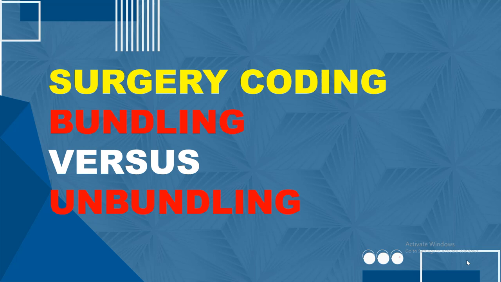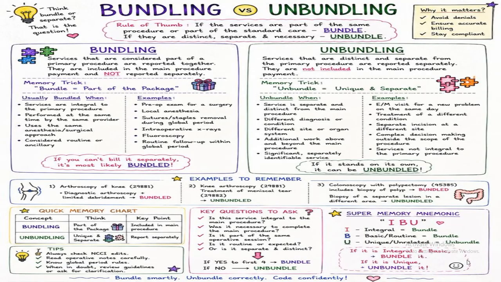In other terms, we will call it bundling and unbundling. Today, we will learn a few concepts related to bundling and unbundling, as well as a few example scenarios. So why is bundling and unbundling important?